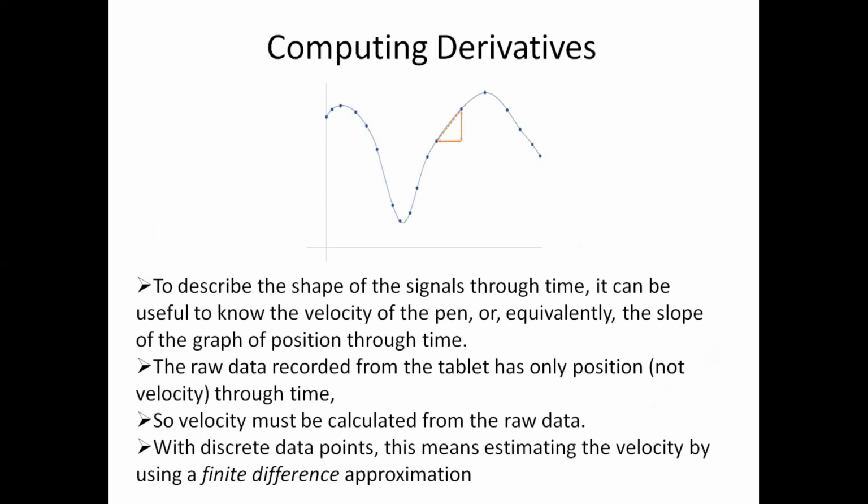The actual raw data that we have has only time versus the x position of the pen and the y position of the pen. So based on this data, we can calculate the slope by computing the derivative. Because this is discrete data, we will be using finite difference approximation to compute these derivatives.